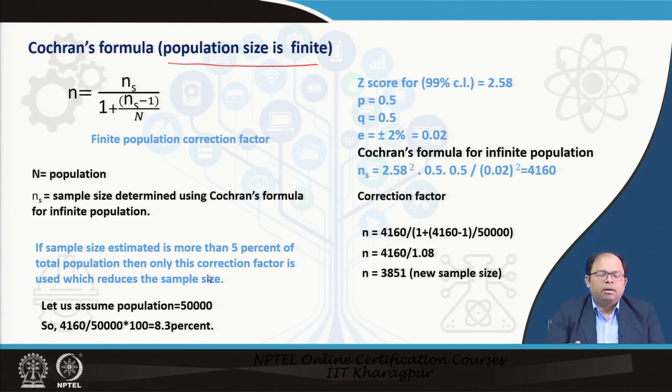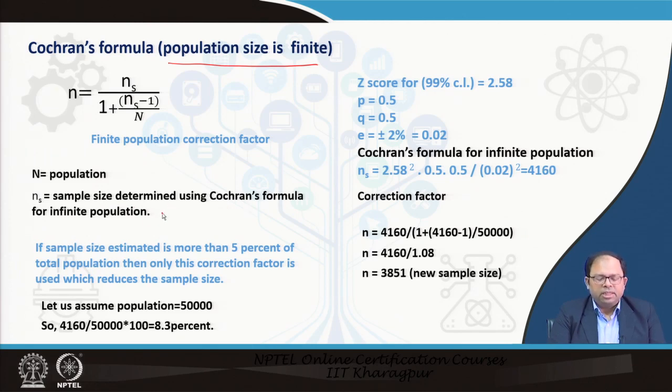Cochran suggested that a finite population correction factor needs to be introduced, and it is given by n equal to ns divided by 1 plus (ns minus 1) divided by N, where capital N is the total population and ns is the sample size determined using Cochran's formula for infinite population.